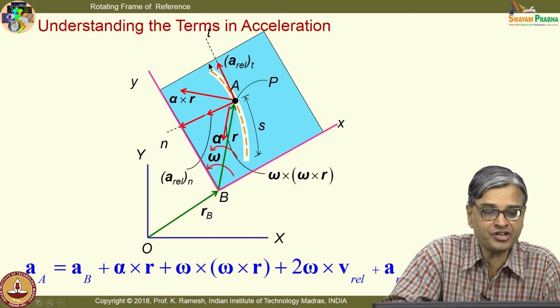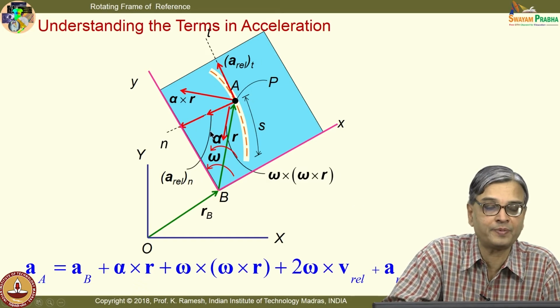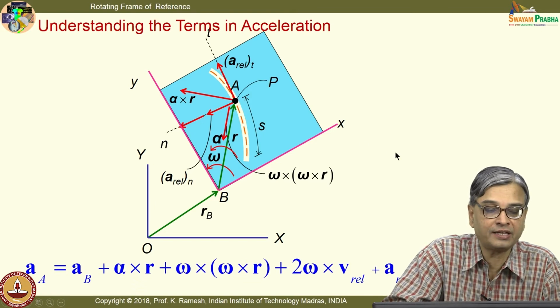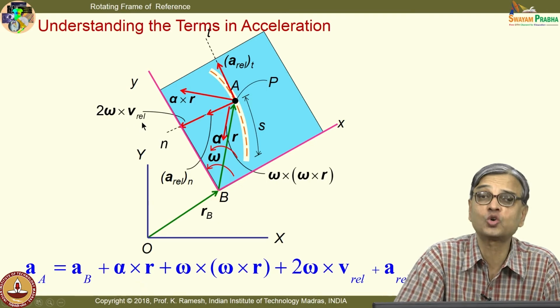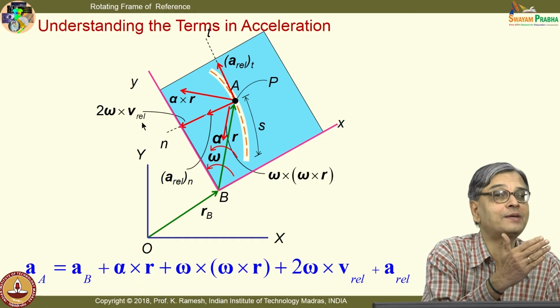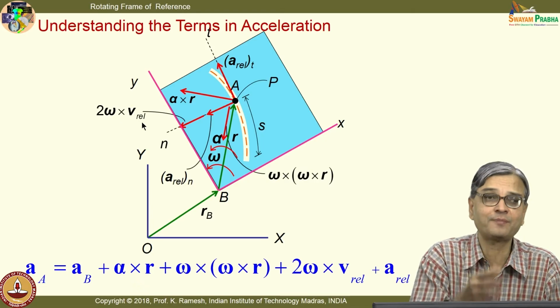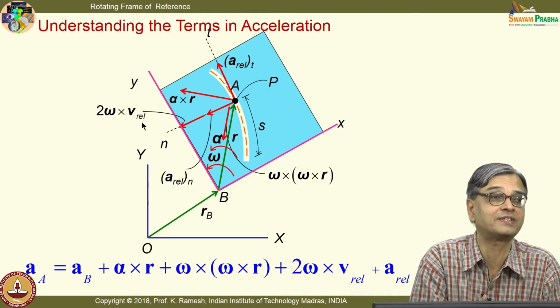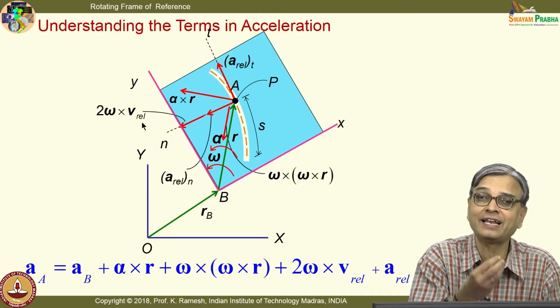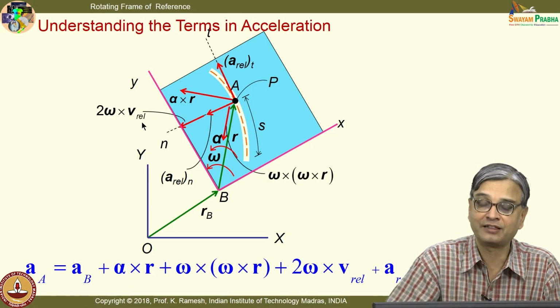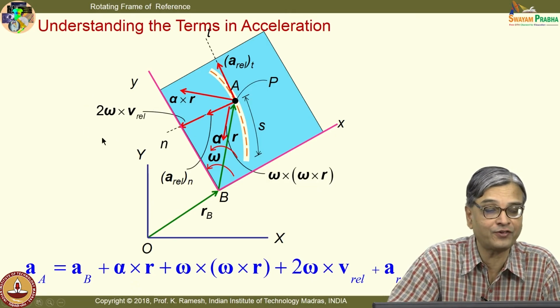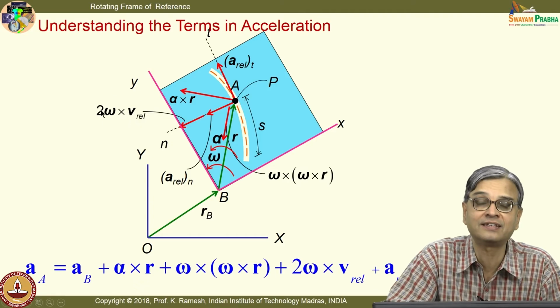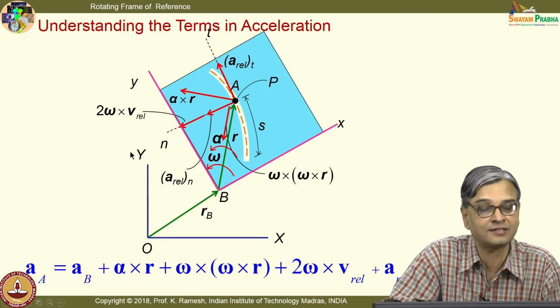And in addition, what a person would not be able to physically argue is another quantity which you have, this 2 omega cross V rel. It was so simple when you followed the mathematical route. You cannot miss that. You do not have to do a circus to get the term 2 omega cross V rel. It was very clear and straightforward, but this took quite a bit of effort from the scientists to comprehend this and give an explanation for this.